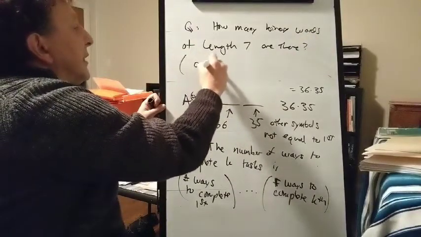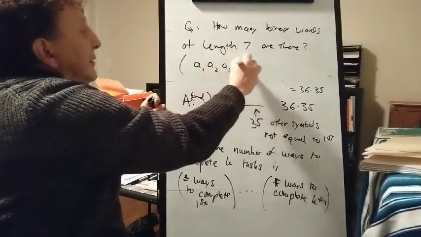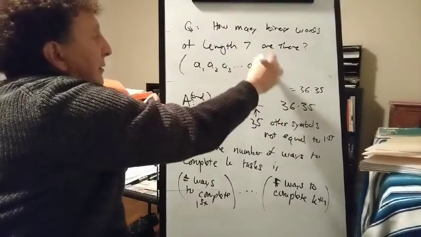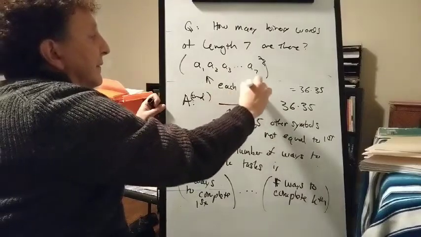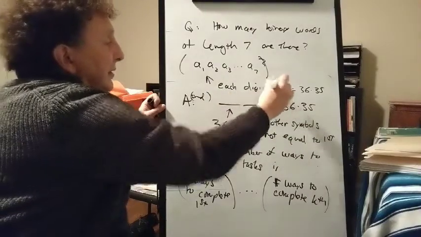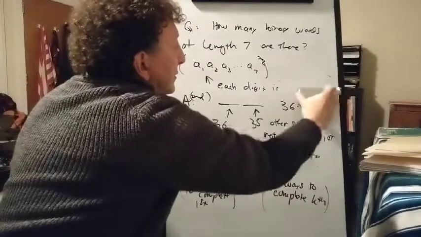So these are words A1, A2, A3, etc. up to A7, where each digit is 0 or 1.